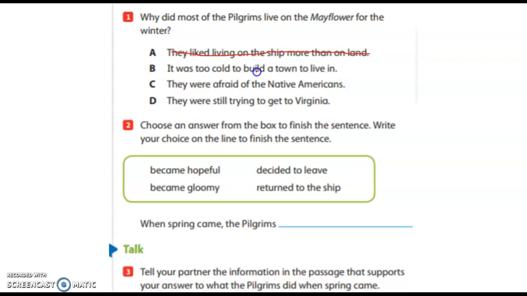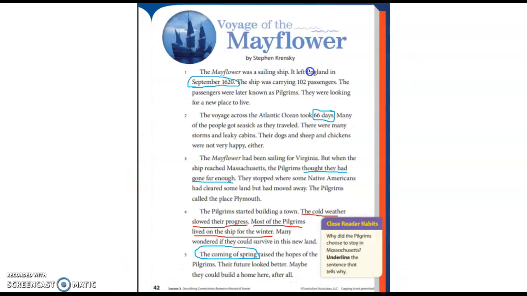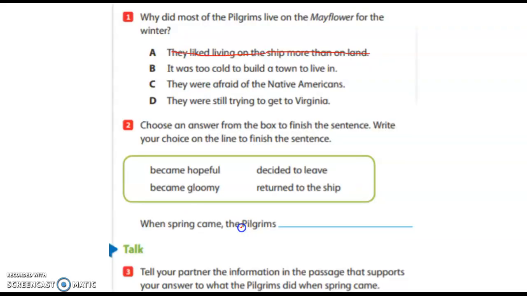It was too cold to build a town to live in? Well, we know that the cold weather is slowing their progress of building their town, so that could be the answer. They were afraid of the Native Americans? No, the text didn't say anything about that. They were still trying to get to Virginia.